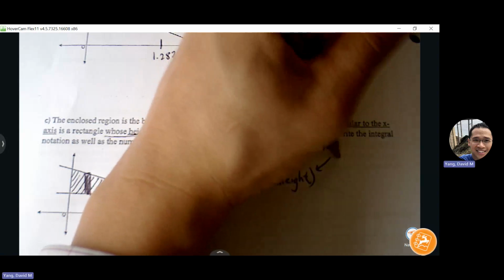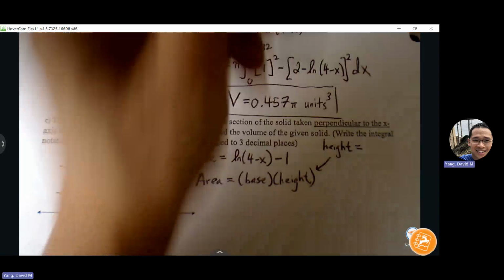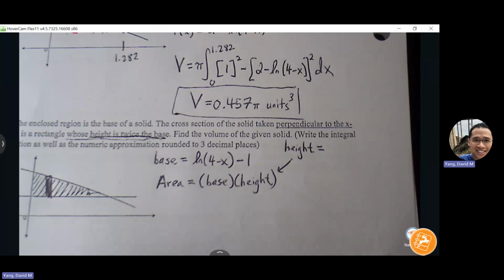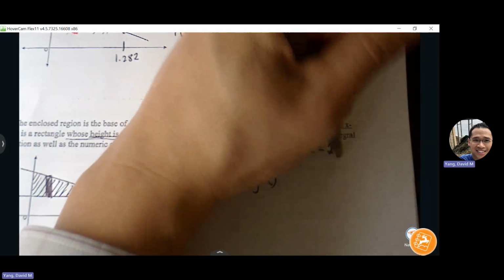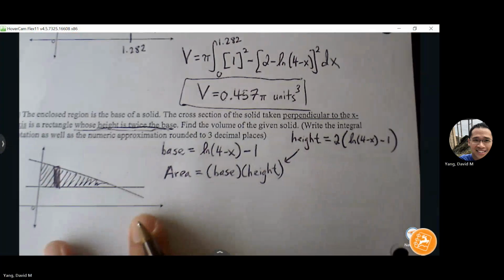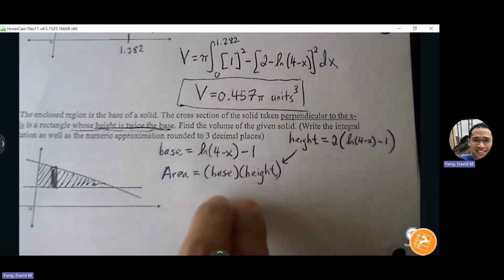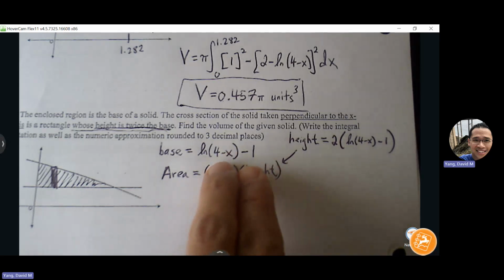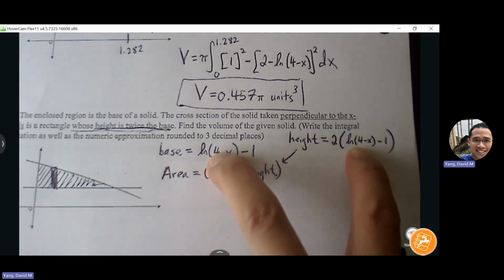So let's see what that means. If height is twice the base, height is equal to what? 2 times natural log of 4 minus x minus 1. So if I want to find the area, my area will just be this times 2 times natural log of 4 minus x, right?